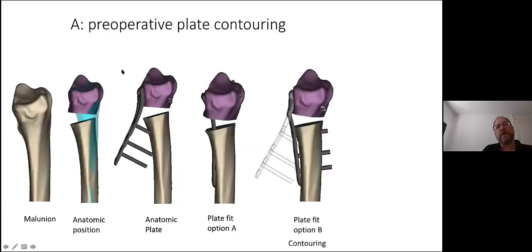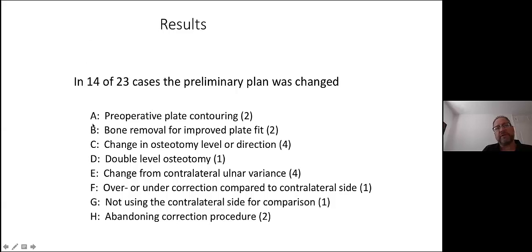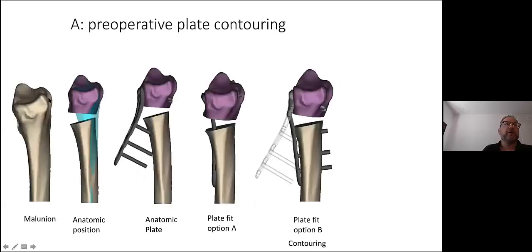And I'll show some examples here. Preoperative plate contouring. And so you see here the malunion. This is actually a volar malunion. It should be more like in this position here, but it's volarly angulated. So we have in blue the ordinary one with the overlay here.